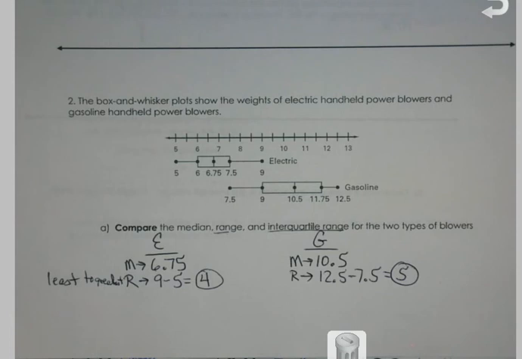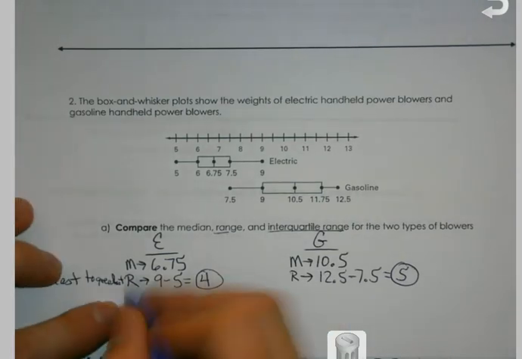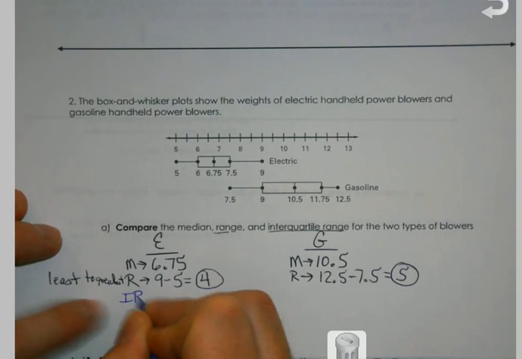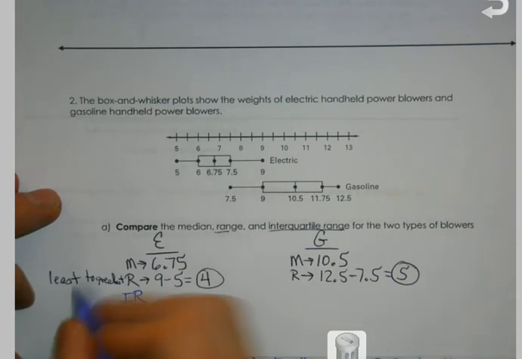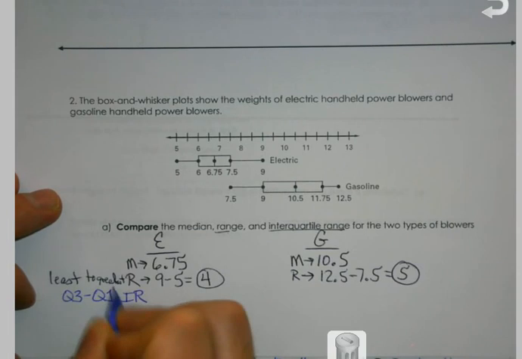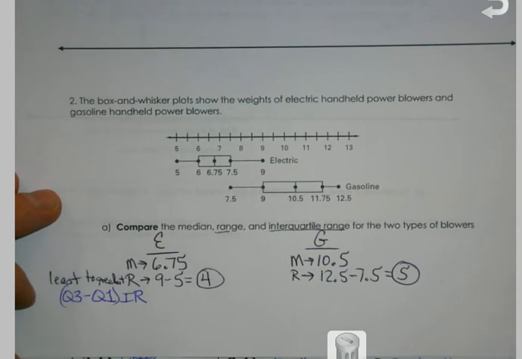Now the difference, and we talked about this a little bit when we were doing the notes, regular range is least to greatest. If it's inner quartile range, okay, it's going to be your Q3 minus your Q1. So it's the outer edges of your box. So if I'm looking at the outer edges of my box for electric, what are those two values going to be that I'm subtracting? 6 and 7.5.